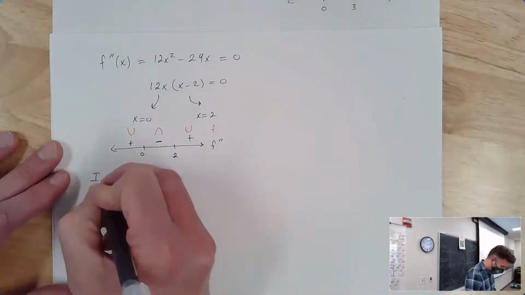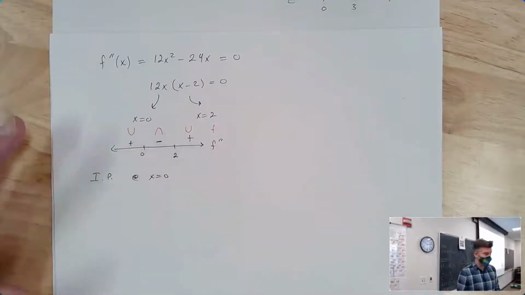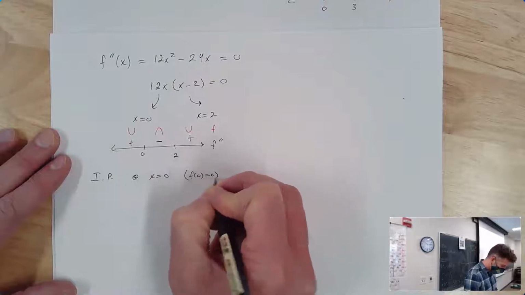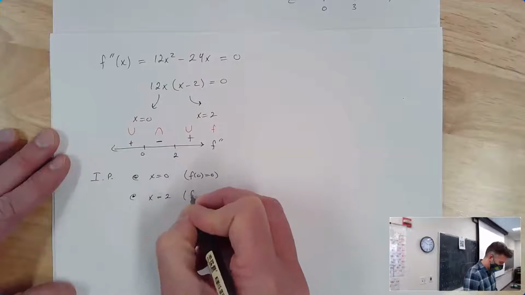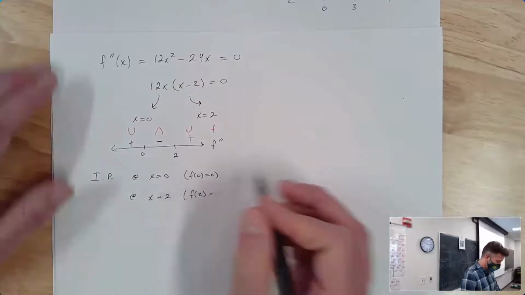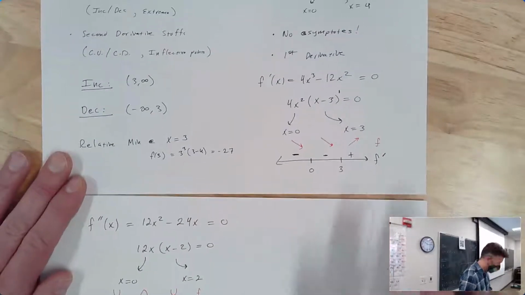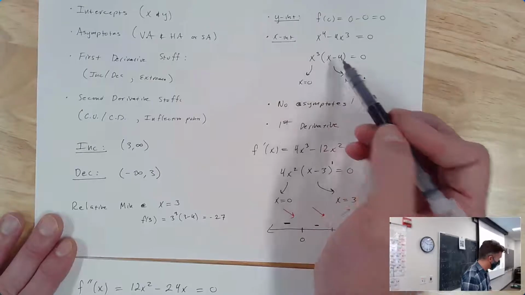We definitely have an inflection point at x equal to 0. We already know the y value there is 0. We also have an inflection point at x equal to 2. And the y value there is f of 2, which is, going back to the original function, if I plug in 2 to my function here, it's going to be 8 times negative 2, which is negative 16.